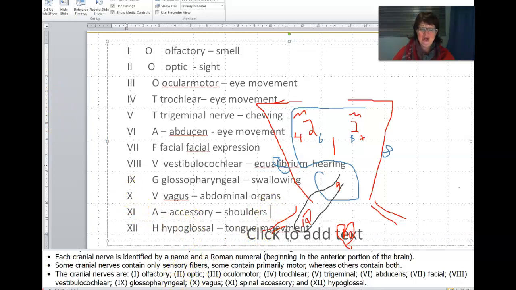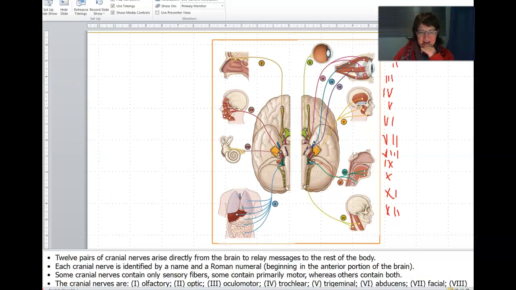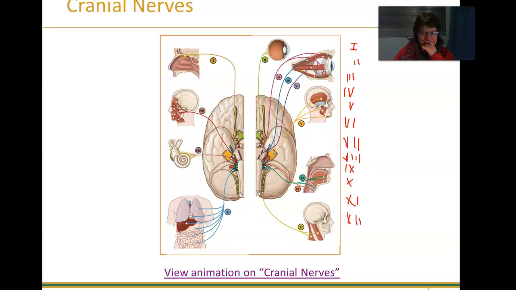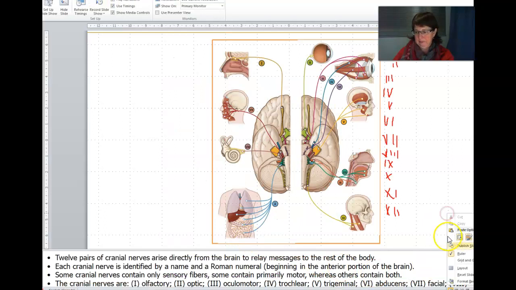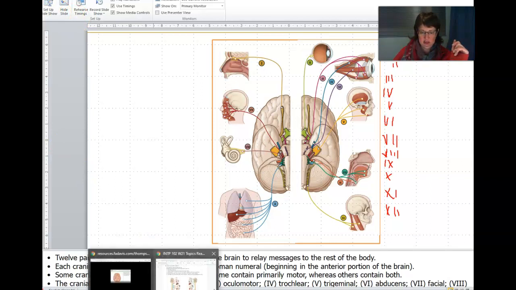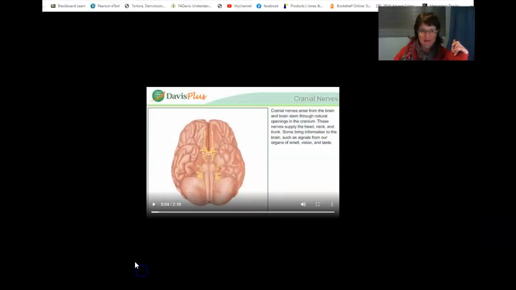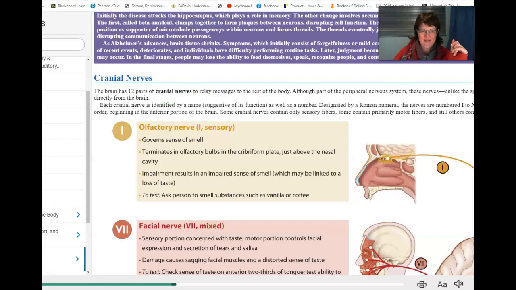So that is the cranial nerves, and these are specialized nerves that come off the brain. If that was confusing, go back and look at this video again, or in your textbook. There is a lovely summary table, because you know I like that, in the textbook.